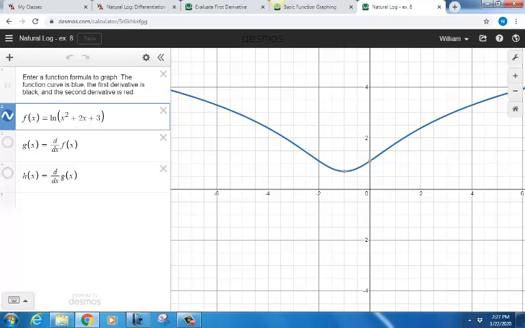A turning point means the graph is switching from what? From going down, that's called what? Decreasing, to, in this case, going up. That's increasing. So a turning point is where the graph is switching from decreasing to increasing, or vice versa, from increasing to decreasing.